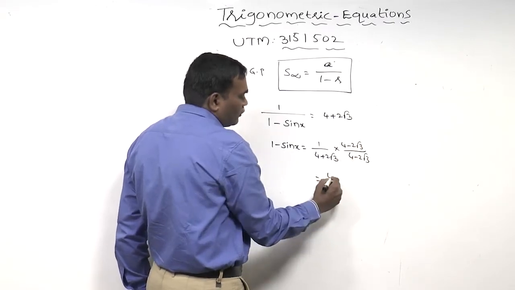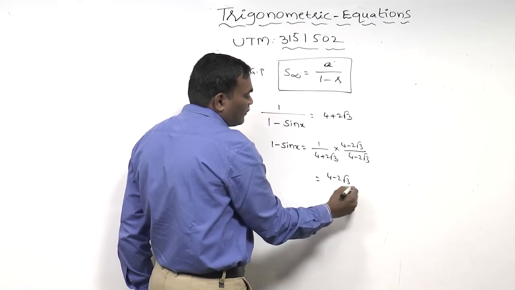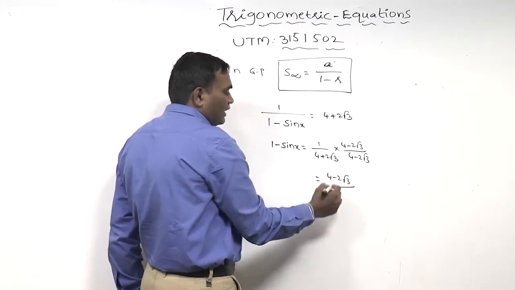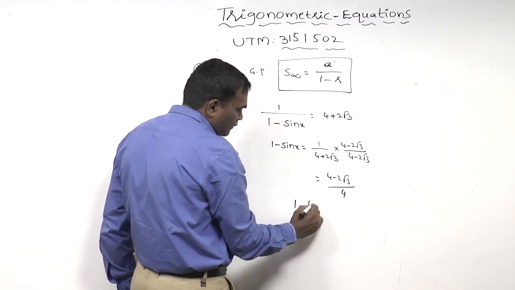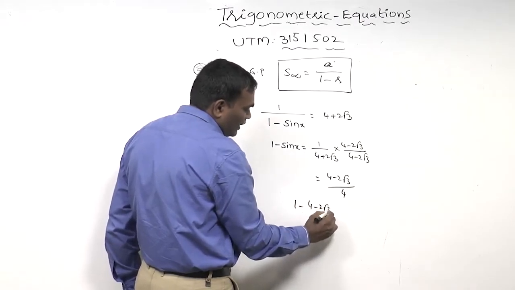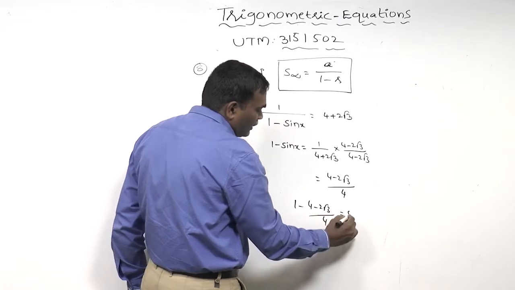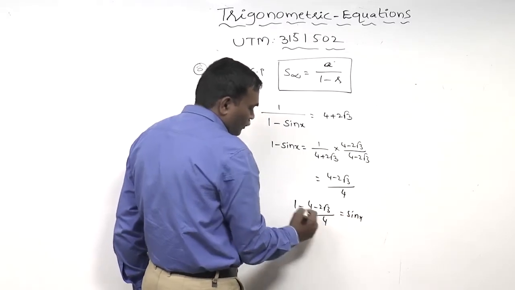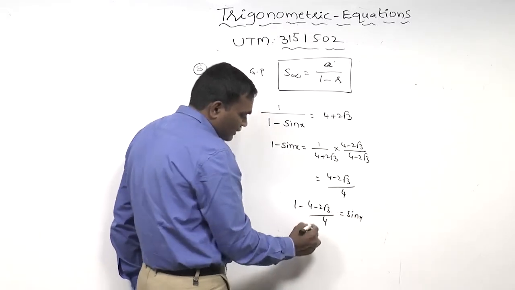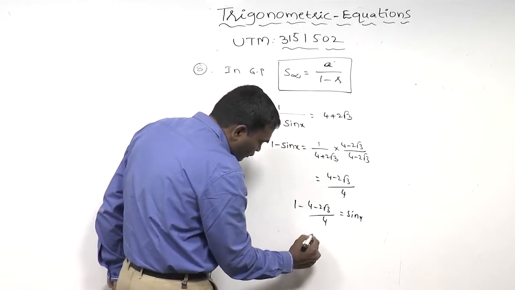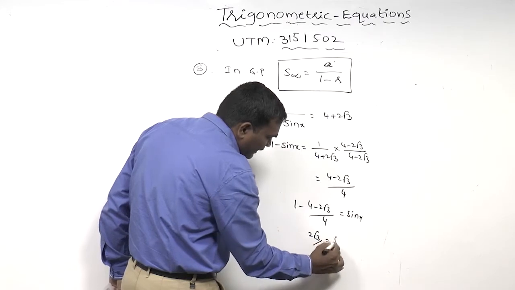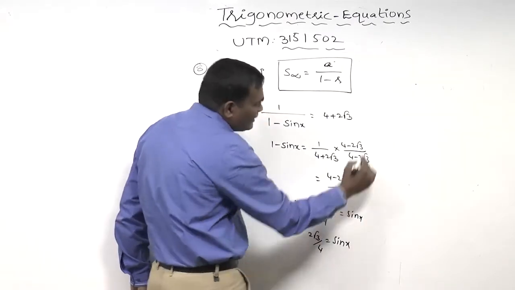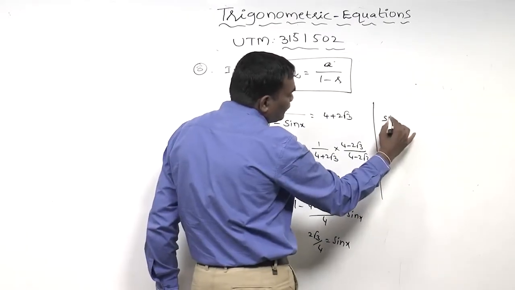So this is equal to 4 minus 2 root 3 by 4, since 16 minus 12 is 4. So sin x is 1 minus 4 minus 2 root 3 by 4. 4 4 cancel, minus of minus plus, that is 2 root 3 by 4 is equal to sin x. So sin x is equal to root 3 by 2.